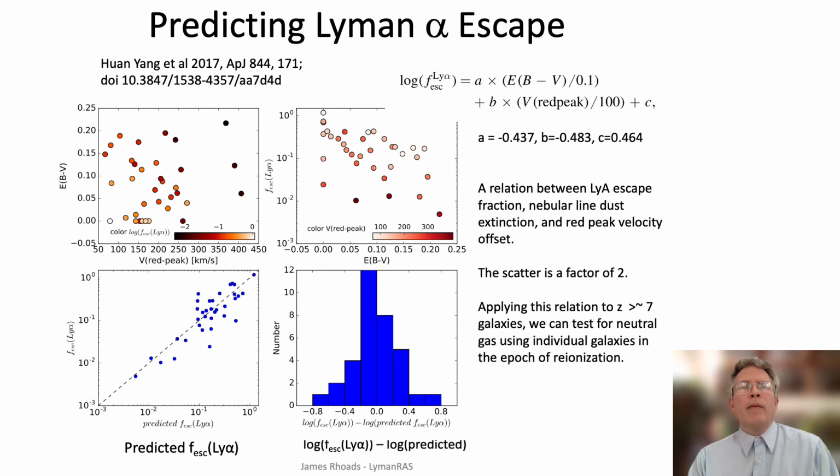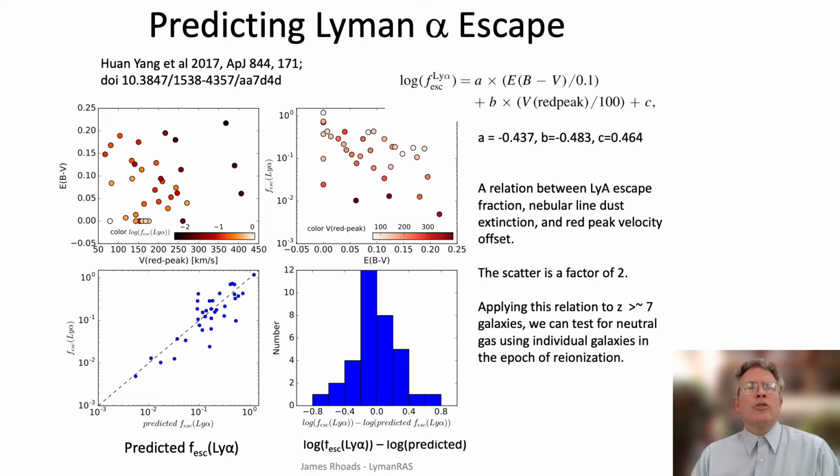So it's a 3-parameter fit, and when you do that, down here you have the predicted escape fraction of Lyman alpha against the measured escape fraction. It's a reasonably tight correlation. The scatter is just a factor of 2 between the prediction and the measured reality.